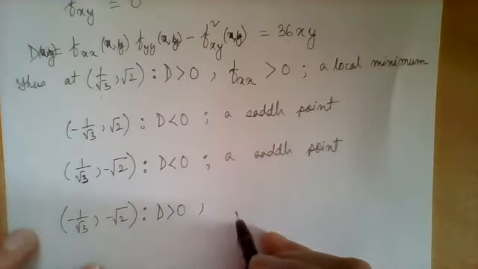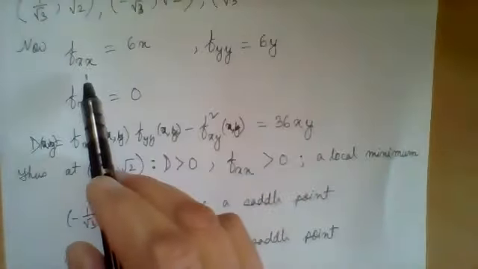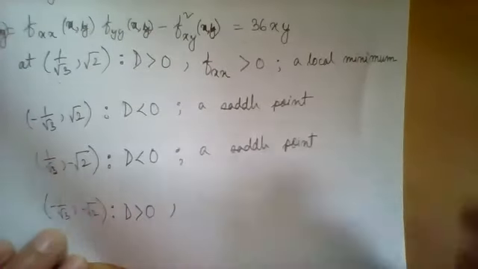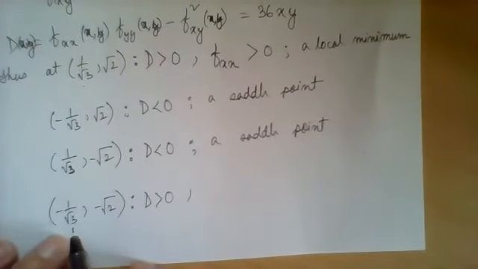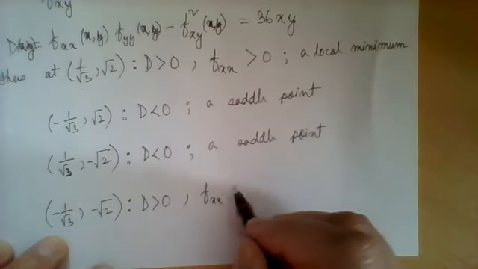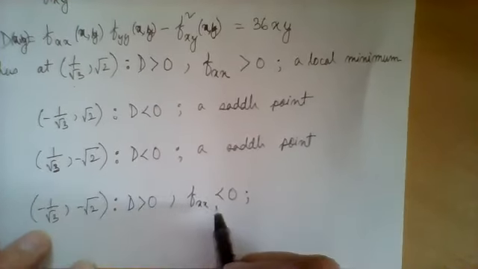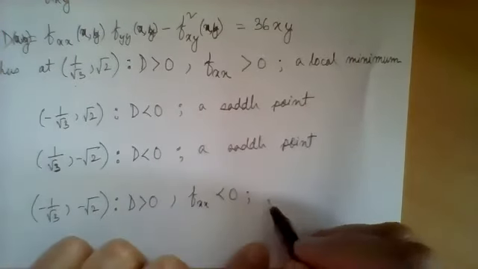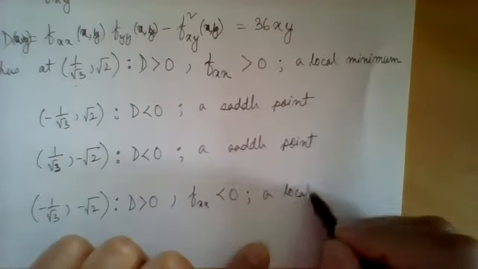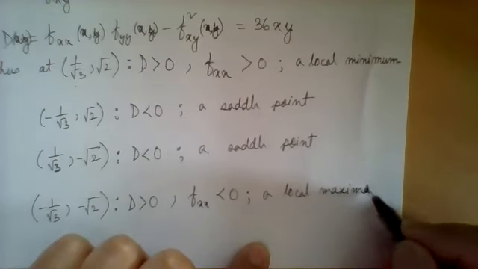And what is fxx? fxx is 6 times x. Here x is negative. Therefore, fxx is less than 0. With D positive and fxx less than 0, it is a local maximum.